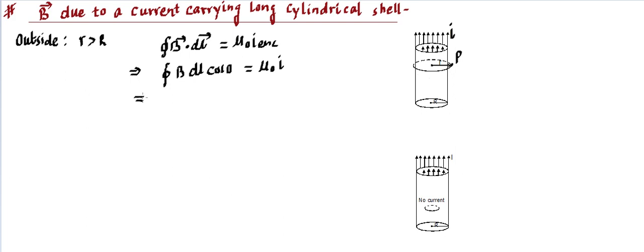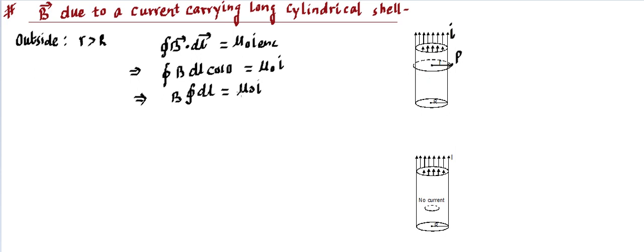Again, this B is going to be constant at all the points of this r radius. So you can say B is outside, and the integration is going to be of dl. dl is going to be the total periphery of the Amperean loop. So we can say it's going to be 2 pi into small r.